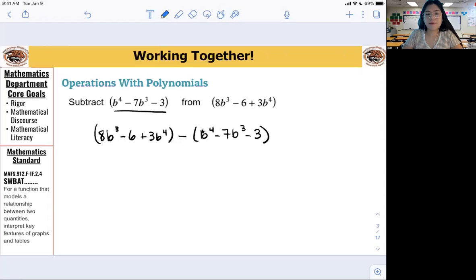I mean positive, because they're already negative, but the b to the 4 is going to be negative as well. Anything that was negative turns positive, and anything that was positive turns negative. That's because we have to distribute our subtraction sign. Anytime you're subtracting, you have to distribute the subtraction sign.